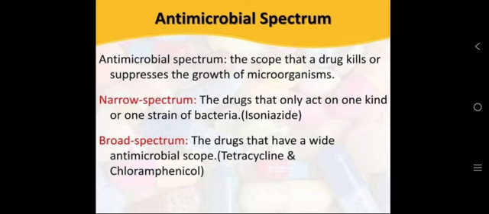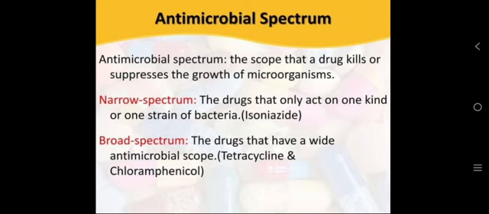Antimicrobial spectrum. Antimicrobial spectrum is classified into two main categories. They are narrow spectrum antibiotics and broad spectrum antibiotics. First of all, what is antimicrobial spectrum? The drug that kills or suppresses the growth of microorganisms is known as antimicrobial spectrum.